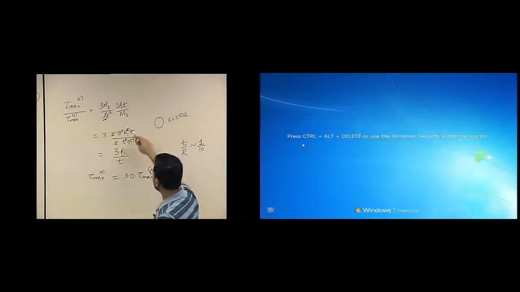Okay, so the formulas are correct. Area is pi r squared t. 2 comes from here, 3. M1 cancels off, L is 2 pi r, because the circumference of a circle is 2 pi r, and then t squared, so everything cancels off. So yeah, it's 30.